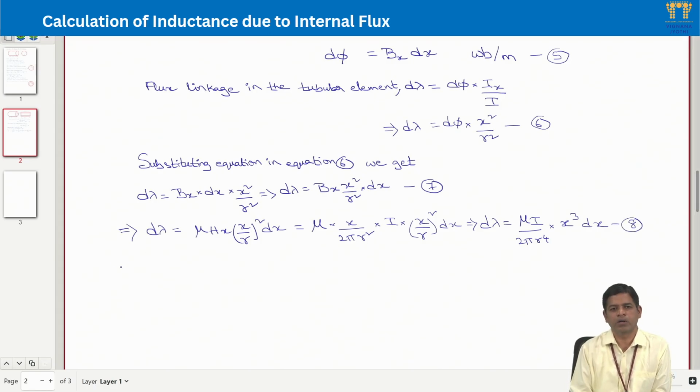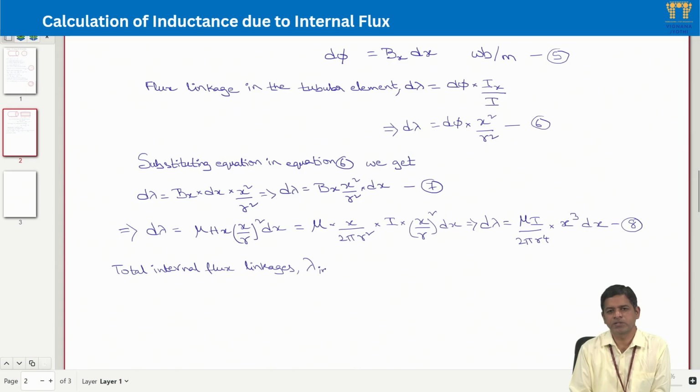Now if I want the total internal flux linkages, so when I say total internal flux linkages, they are the flux linkages from the center of the conductor to the surface of it.